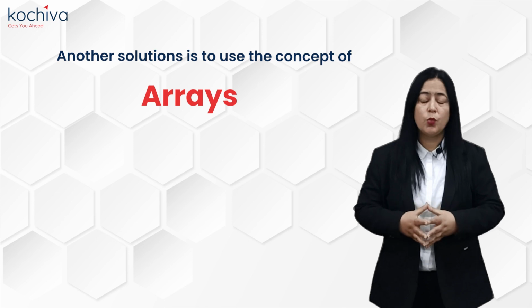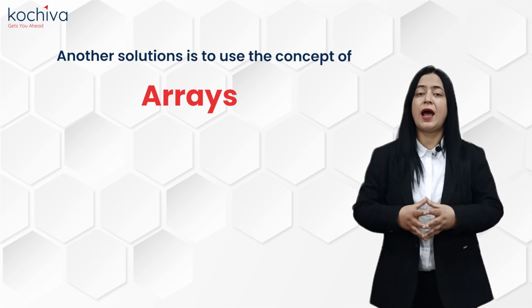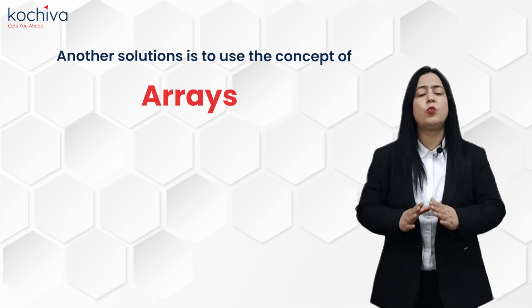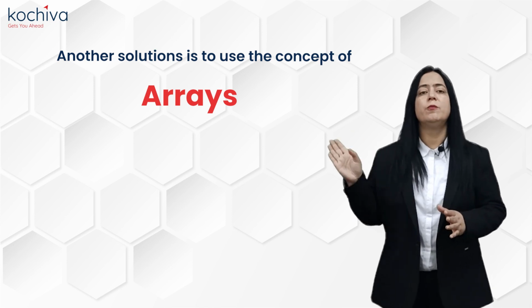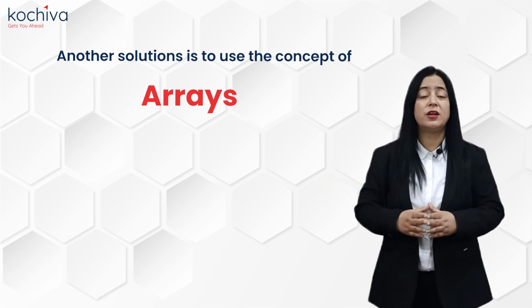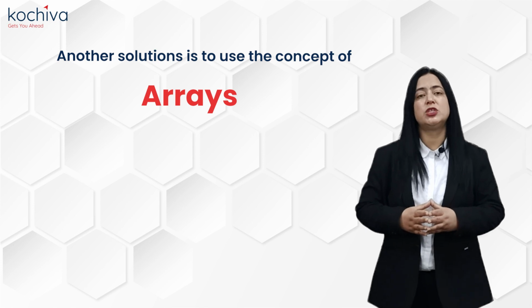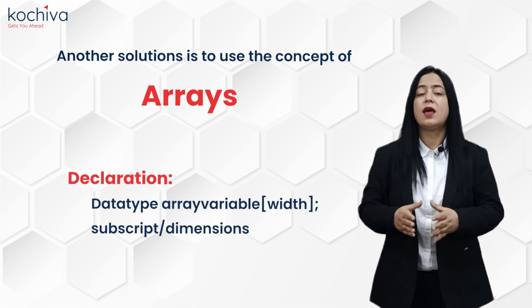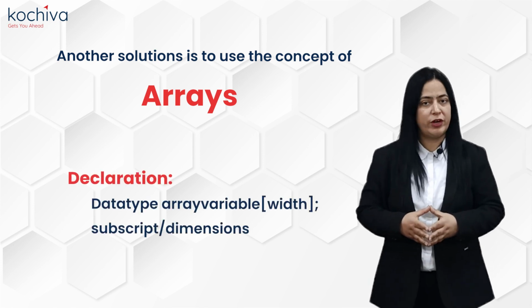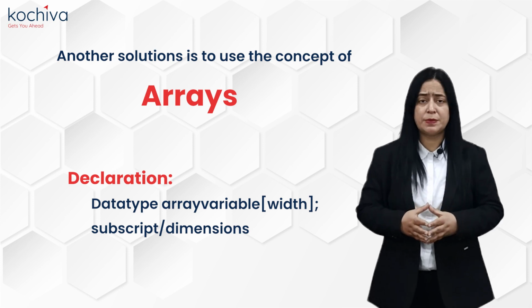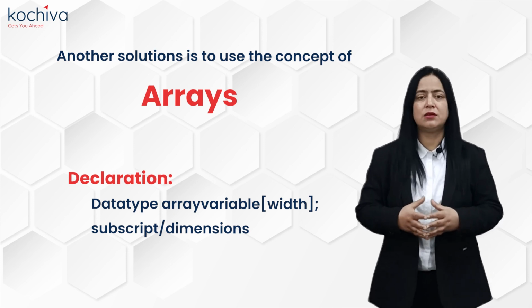When we declare an array, it is very easy, like a variable declaration, but the difference is that we have to mention the data type, space, then the variable, and then the width. Width you can call subscript or dimension; these are the same thing.